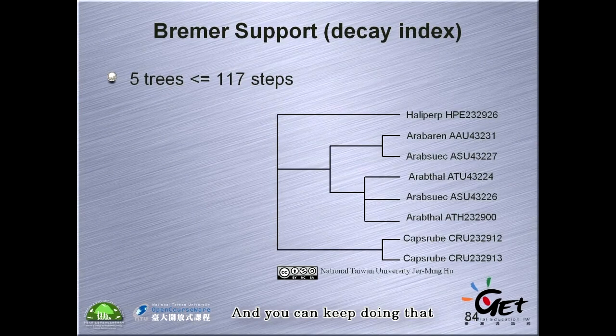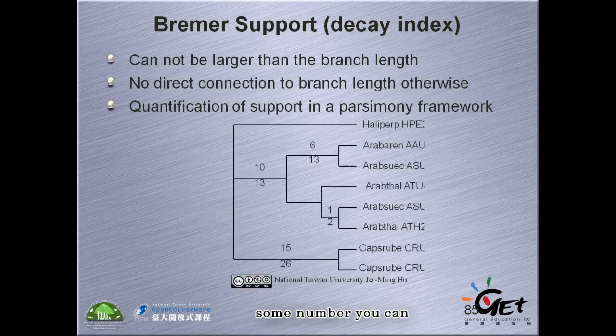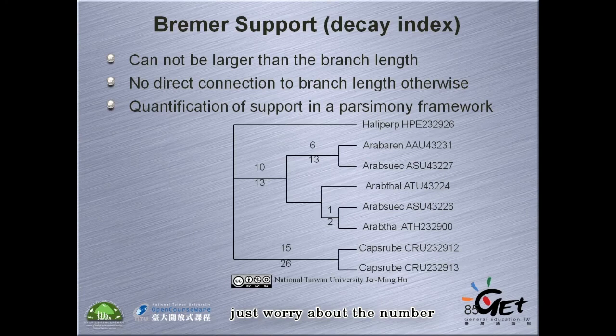You can keep doing that for this part, and you get some numbers. You just look at the number above the branch. The higher the decay index on the branch, the more difficult it is to break down the relationship.